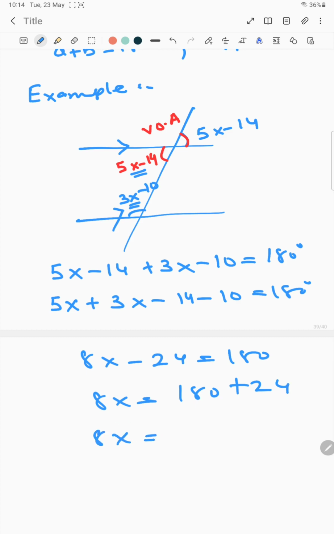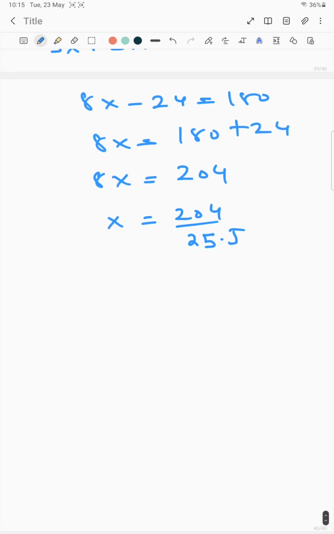So the answer will be 204. And when you divide it by 8, you will get 25.5. It was the last property. So you just have to remember these properties.